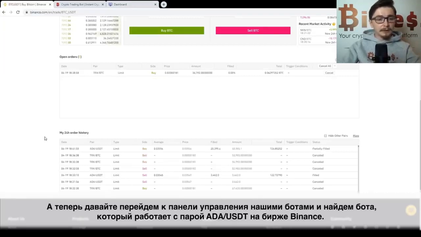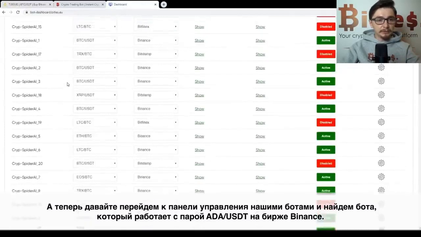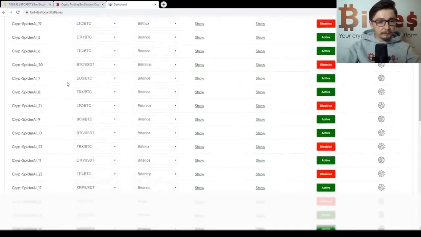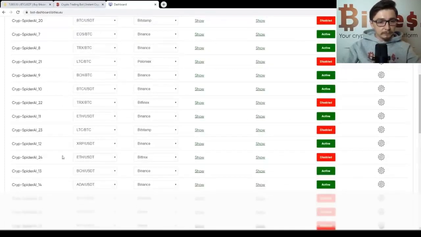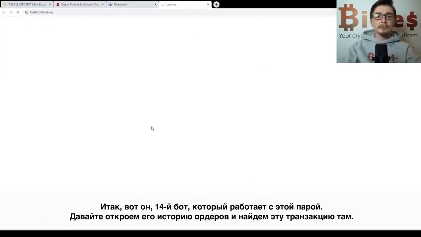Okay, and now let's go to the control panel of our bots and find the bot that operates with the 88 to USDT pair at Binance Exchange. So here it is, it's the 14th bot that operates with this pair, so let's open its history of orders and find this trade there as well.